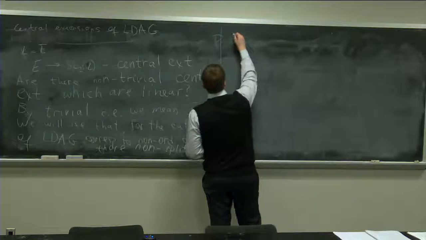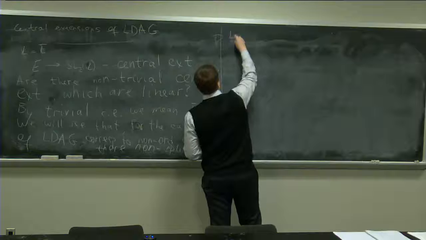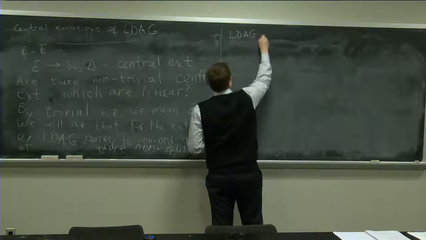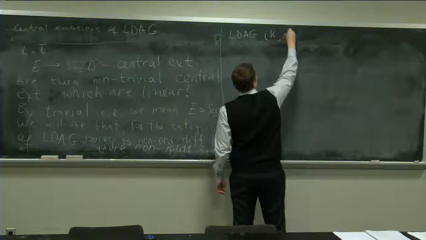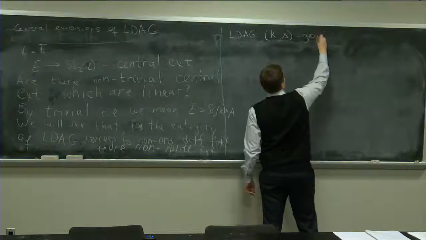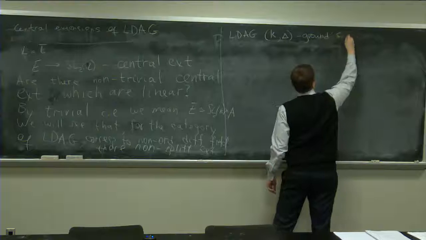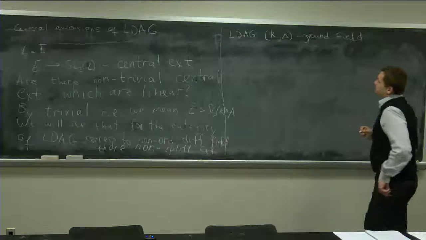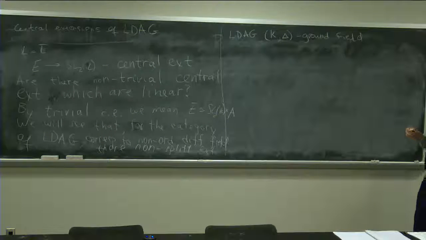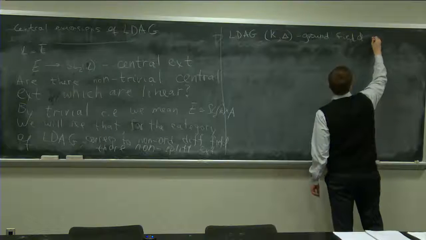So I recall that we have a ground field K, a differential field. Usually they ask it to be of characteristic zero.